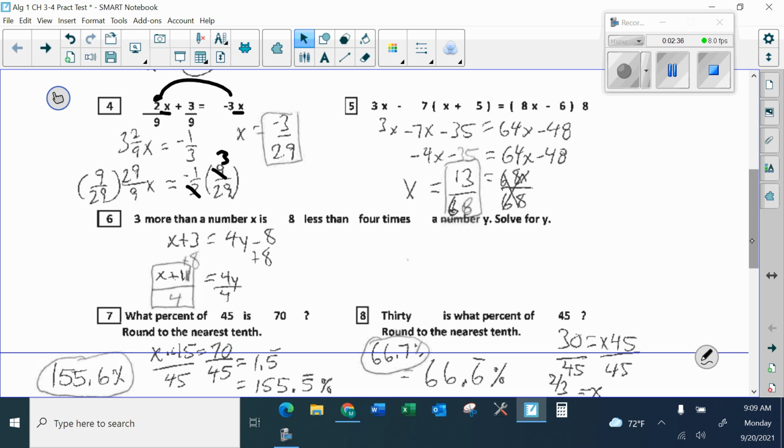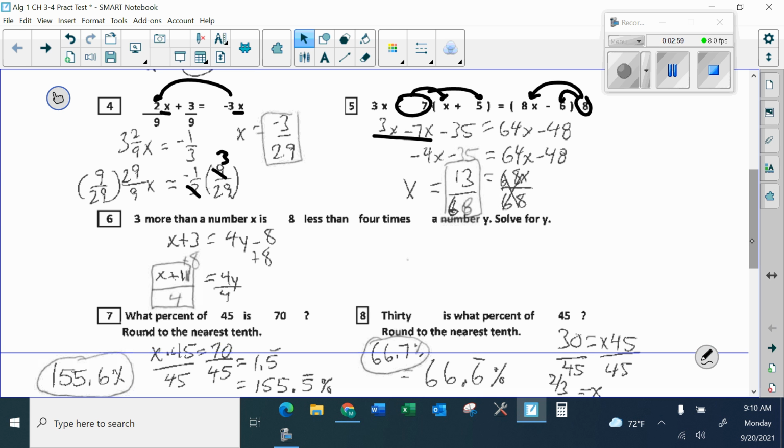Number 5, I have distributive property first. So I'm distributing this -7 through there. And I'm distributing the 8 through there. So I have 3x minus 7x minus 35 equals 64x minus 48. Combine like terms, that means on the same side of the equal sign, that gives me -4x minus 35 equals 64x minus 48.